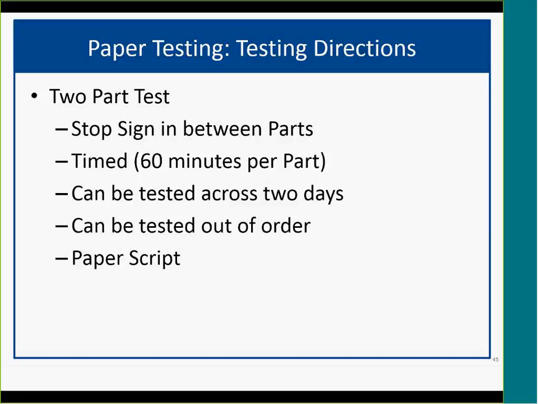And parts can be tested across 2 days or one, whichever scheduling-wise works out better for you, and can be tested out of order. Part 2 can be taken before Part 1. And the paper script will be available to assist administrators in sharing this test with students. And I'm sure OSSE, SWIA will share and locate that script when it's available.